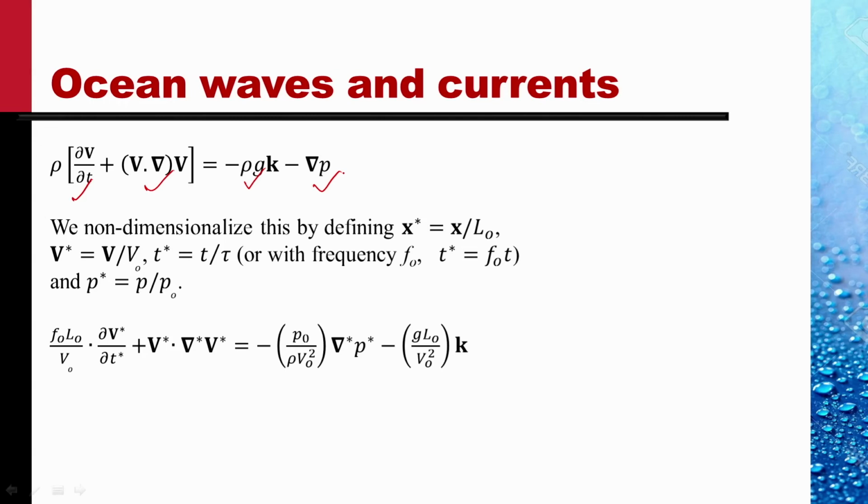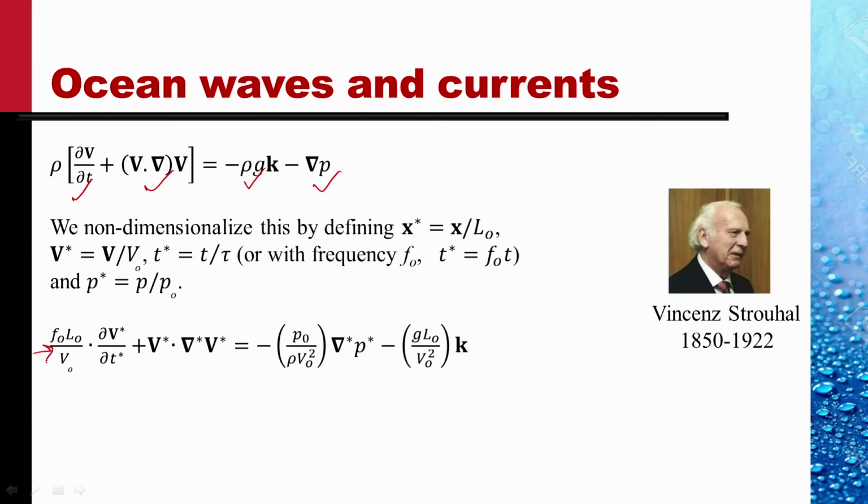And then this is the equation that results. This number is named after the scientist Vincent Strouhal and abbreviated as St, a very important number that plays an important role in unsteady flow.